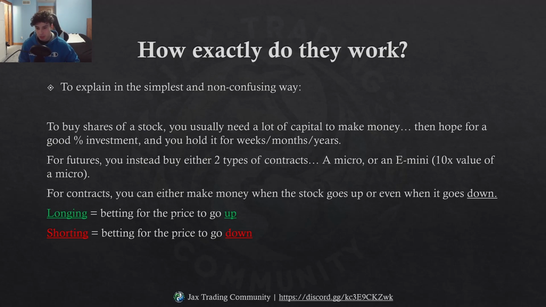When you want the stock to go up, that's called longing, and I made it green so you can color code it. When you want to long the stock, you're betting for the price to go up, and when you want to short the stock, you're betting for the price to go down. If you're wondering how you make money when the market goes down, you're basically buying negative stocks, so that when the price goes down, it does the opposite and makes you money.